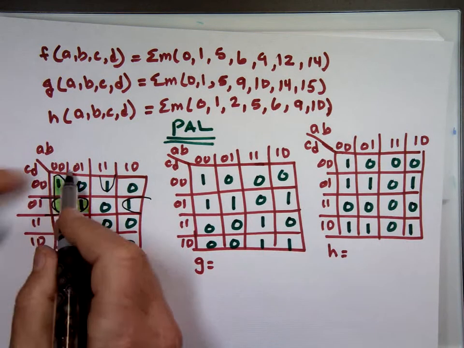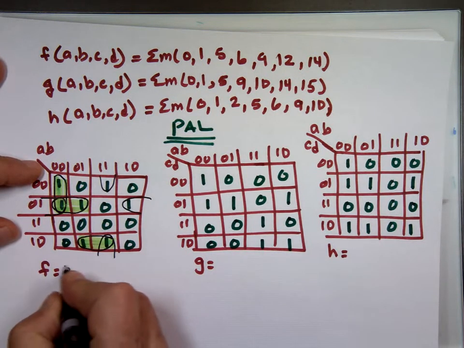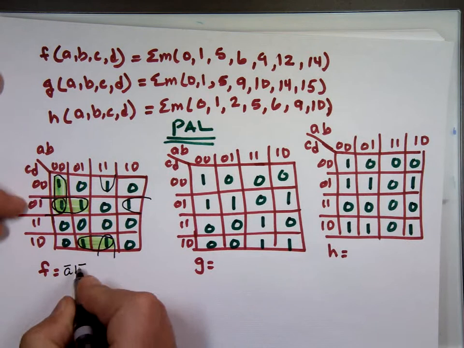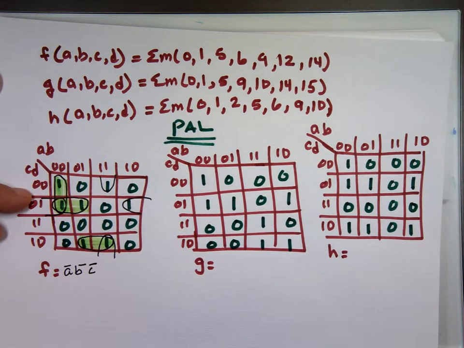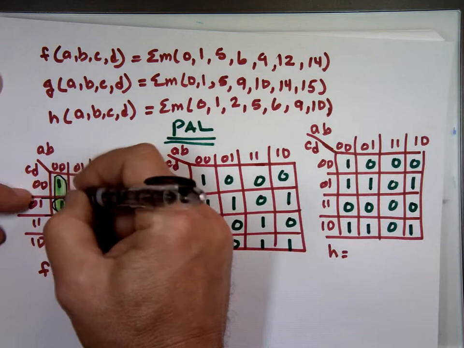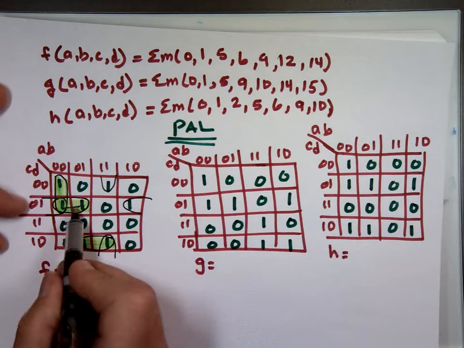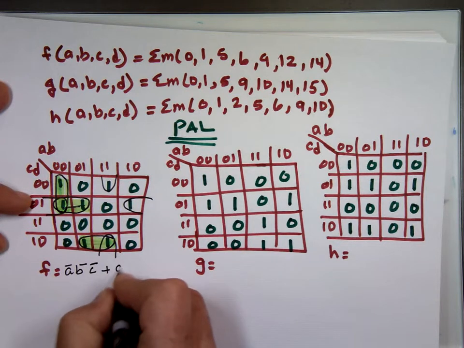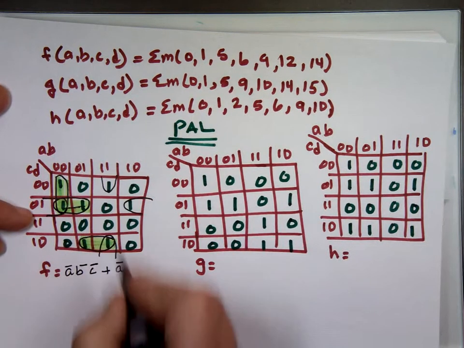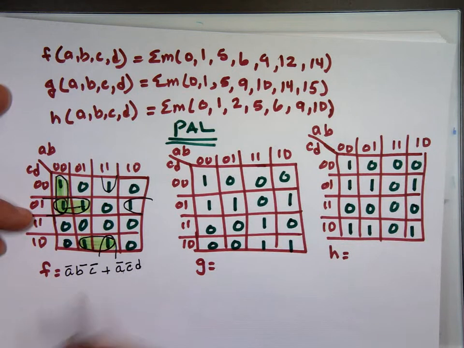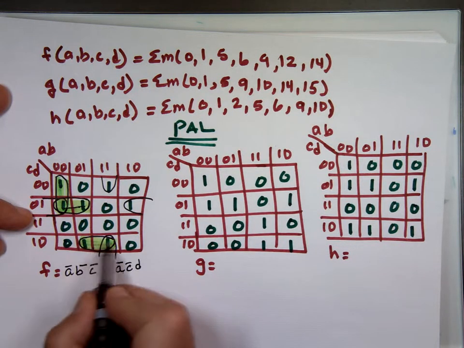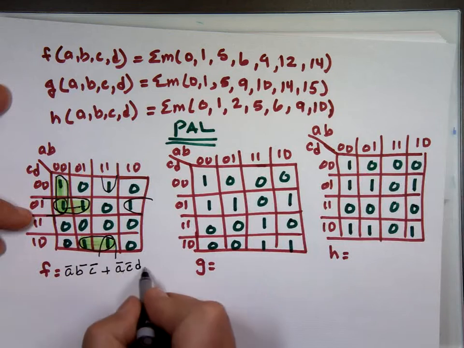A naught, B naught, and C is naught. That's this one. This one here, A is naught, B is gone, C is naught, D. This one here, which is what?